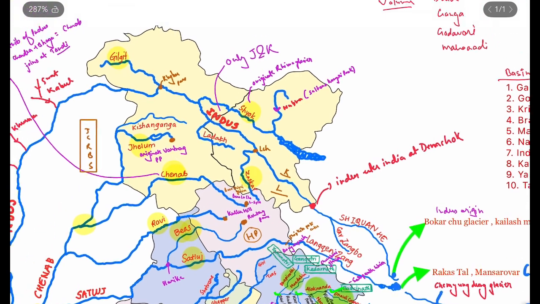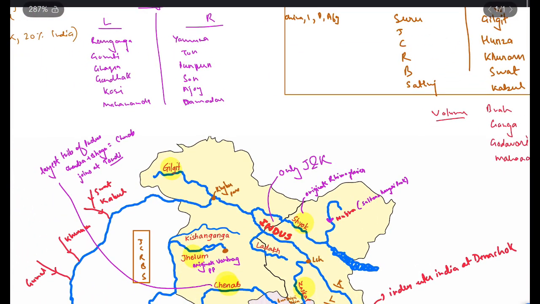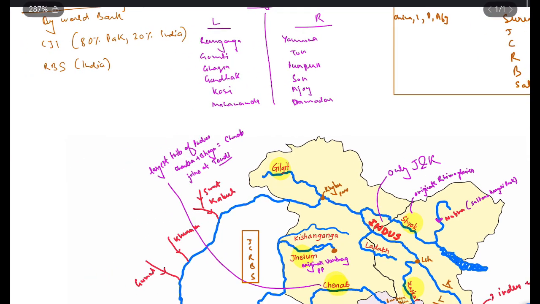Now we'll do which one? Ganga. So before that, we should know about this. This water treaty was signed in 1960 by the World Bank. It said that of Chenab and Jhelum, 80% will be used by Pakistan and 20% by India.